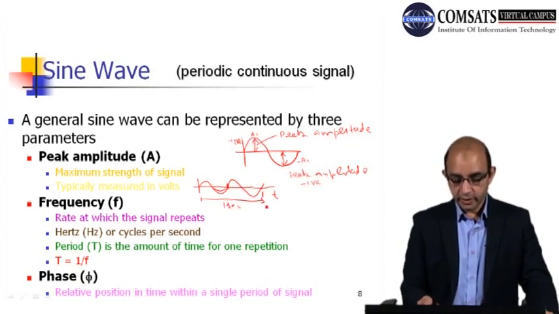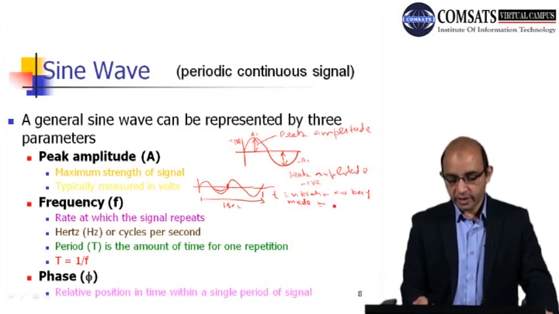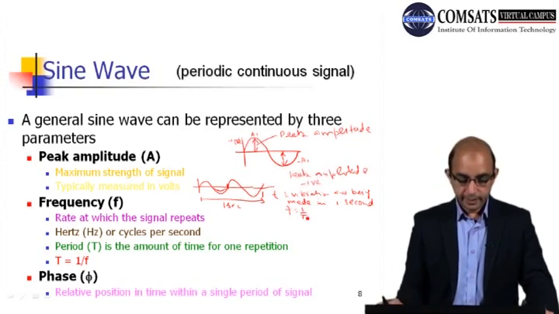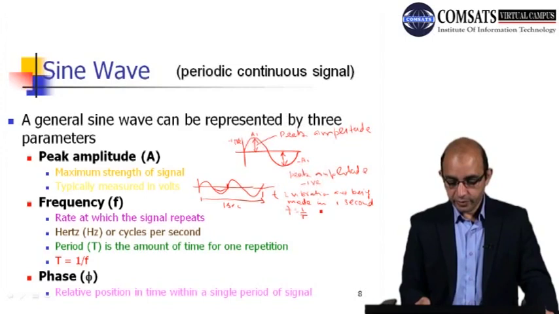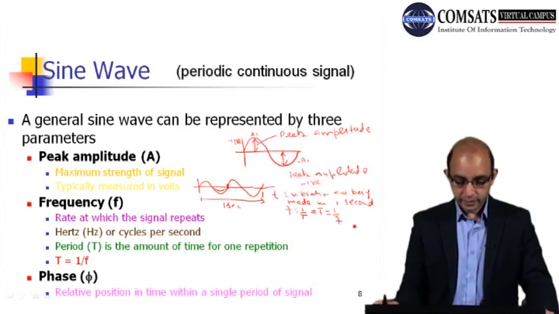So this is 1 second, and 2 vibrations are being made in 1 second, right? So that is the frequency. It is equal to 1 over t, or this implies t is 1 over f. And then we have the phase, right?